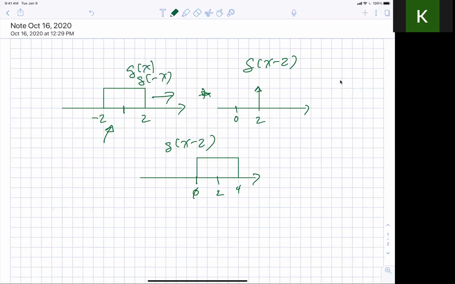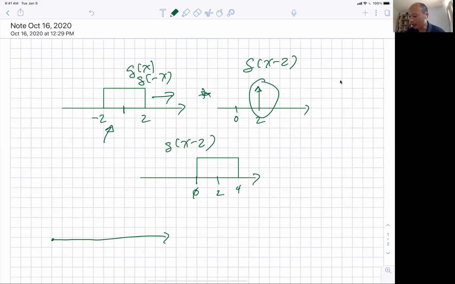So notice as I shift it over to the right, it's going to overlap with my delta function until I shift it over how much? To past the 2, I think, right? Yeah, it's going to shift over till this back edge here no longer overlaps. So basically, think about it this way: from 0 to 4.